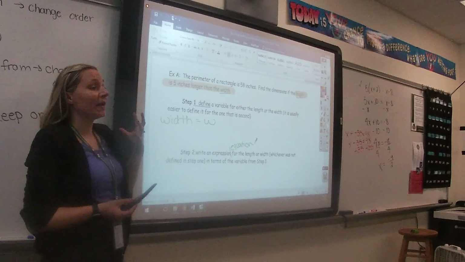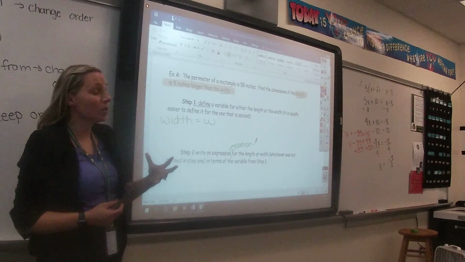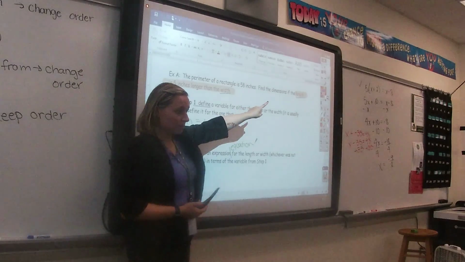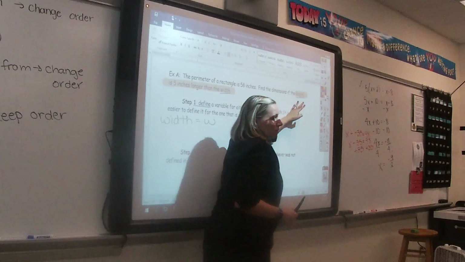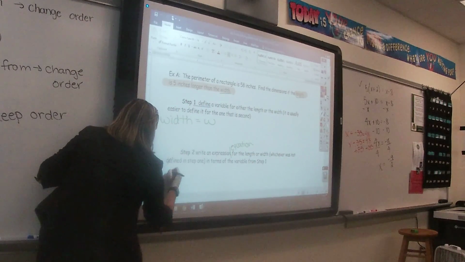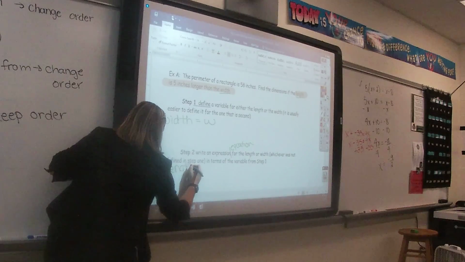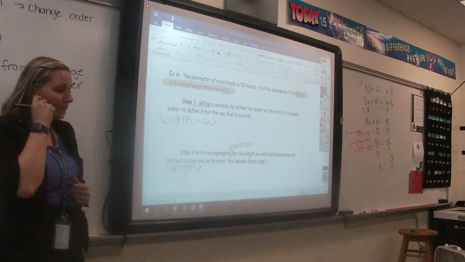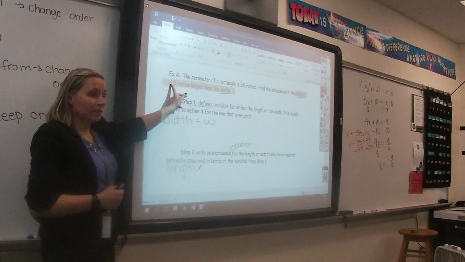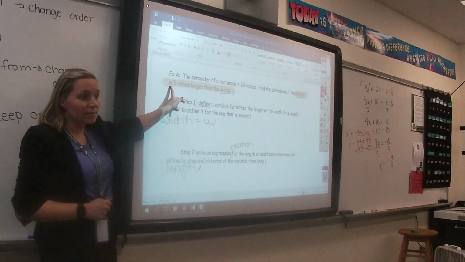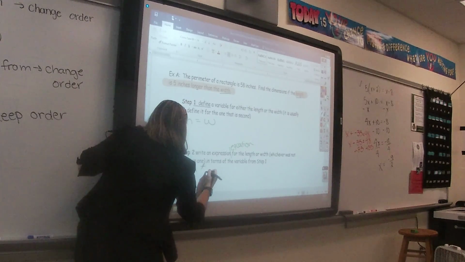We are going to do this by literally using our basic translation rules where we underlined. So length. We are going to write down the word length. Is. What am I going to write for the word is? Equals.